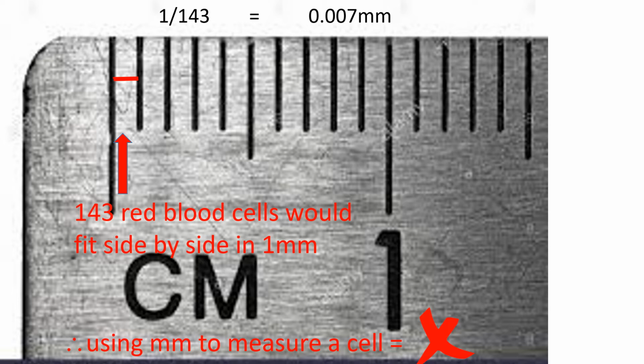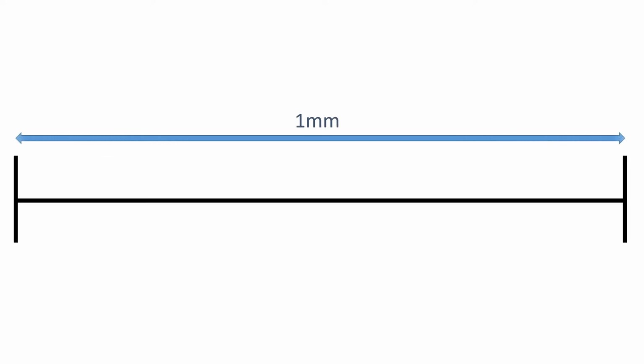So this is where micrometers come into play. What we do is take a millimeter, and then start to divide it up into lots of small sections, basically making a ruler within this millimeter space. Each little section would equal 1 micrometer.